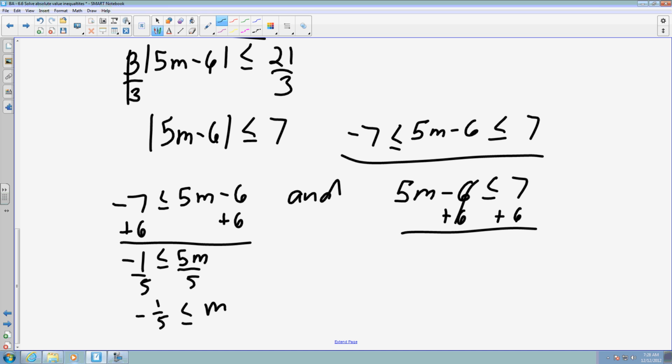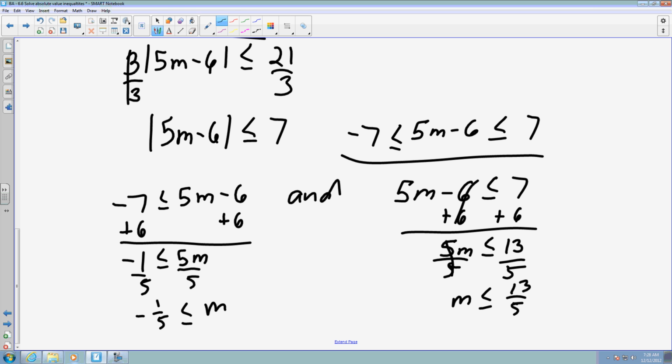That cancels. So now I have 5m is greater than or equal to 13. Divide 5 to both sides. That cancels. So now I have m is less than or equal to 13 over 5.